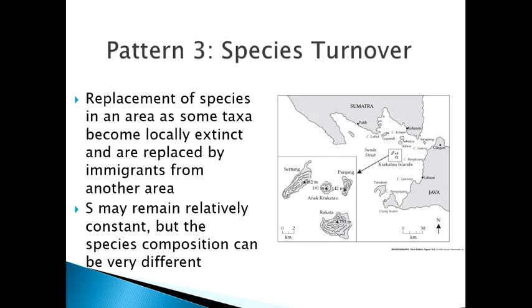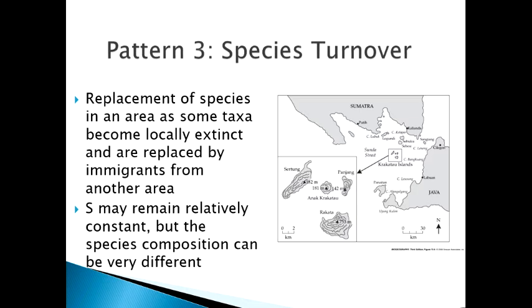And then finally, the third pattern is that despite immigration, extinction, all of this, the fact that the areas stay relatively the same, the isolation stays relatively the same, means that species turnover is going to keep taking you back to a constant number of species.